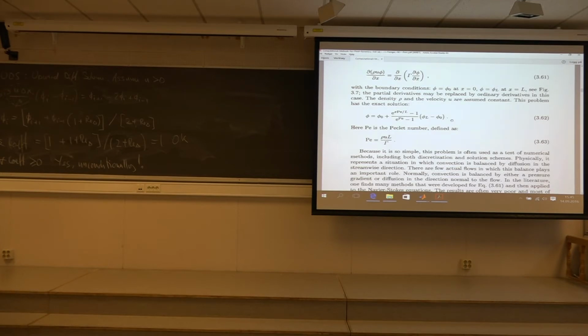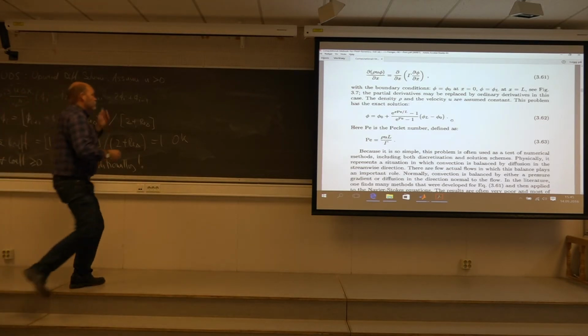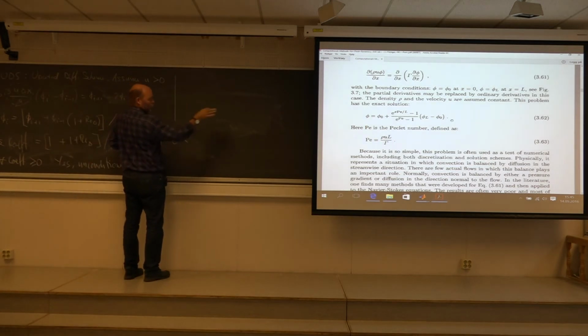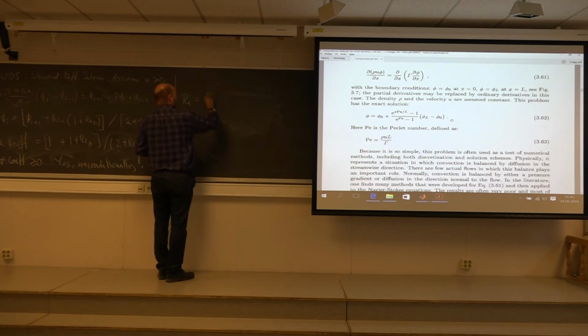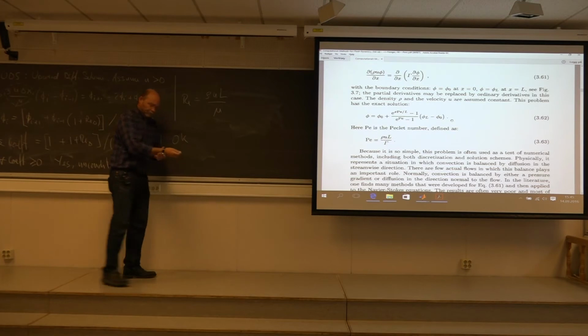Instead of Peclet number, I want to use a Reynolds number, real Reynolds number. So we have rho u based on length and then viscosity.